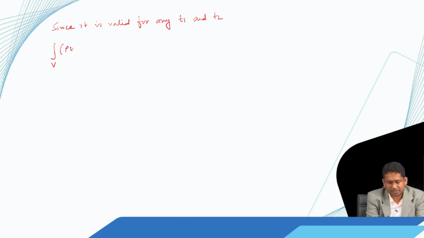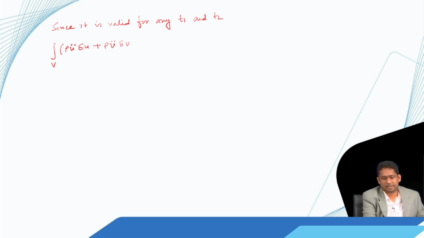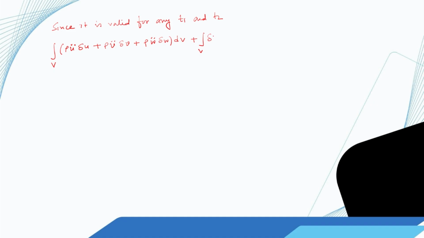So, that tells me that rho u double dot into delta u plus rho v double dot into delta v plus rho w double dot into delta w, dV, plus the variation of strain energy minus the work done by the external force, so minus delta W, should be 0.